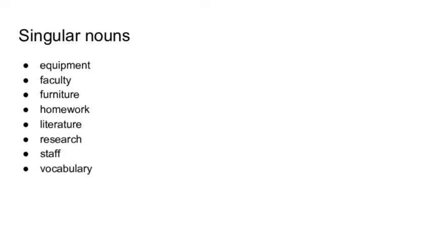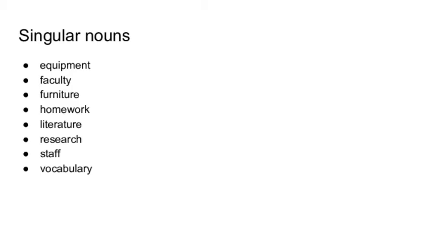So some nouns that are singular like this: equipment, faculty, furniture, usually homework. Now I've heard some, I guess maybe British speakers say homeworks. So maybe that's British English, but in American English it's more of a collective or mass type noun, more of a stuff.